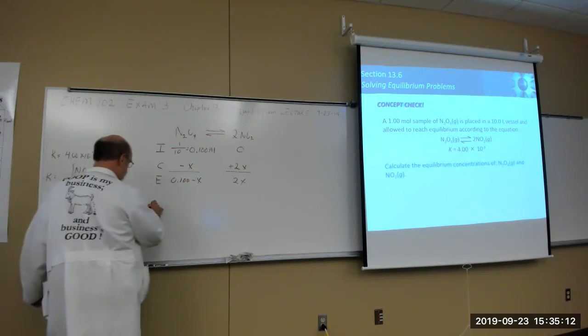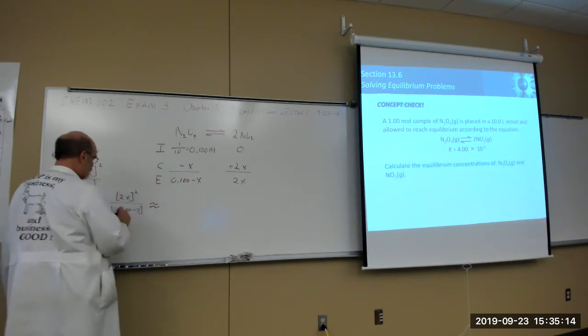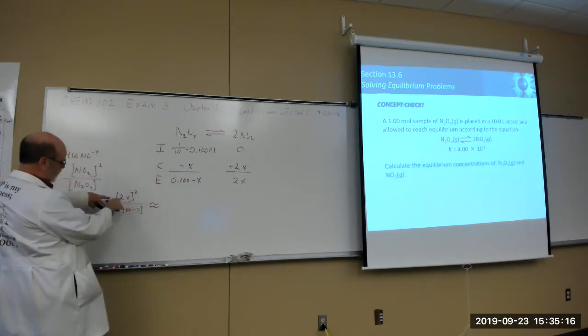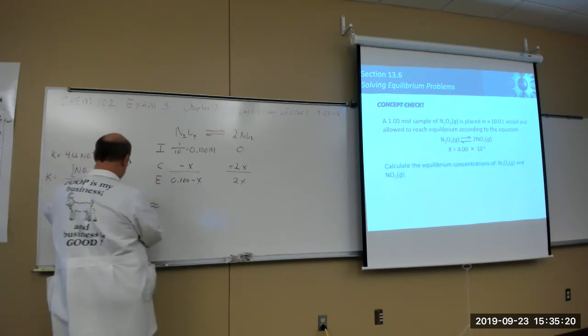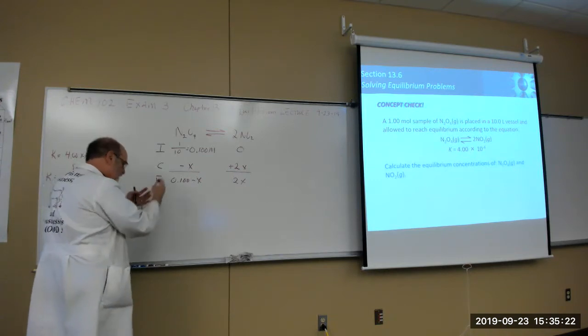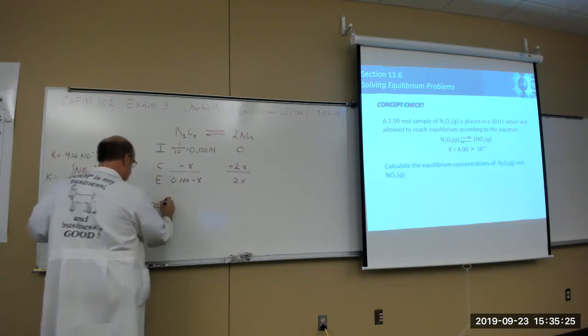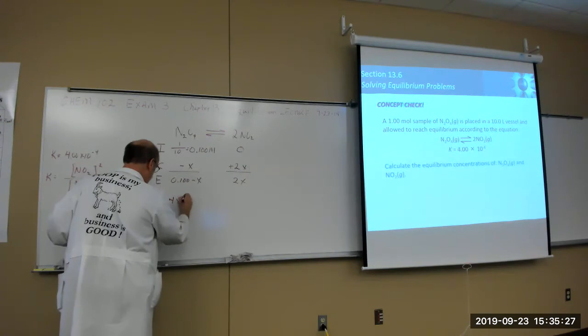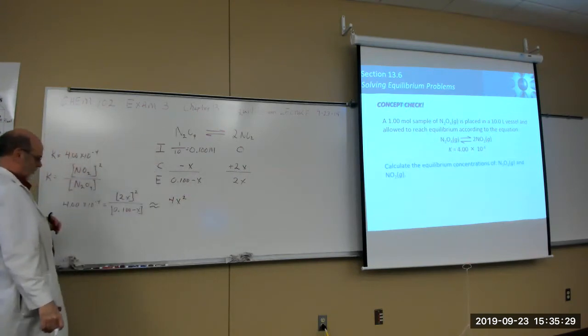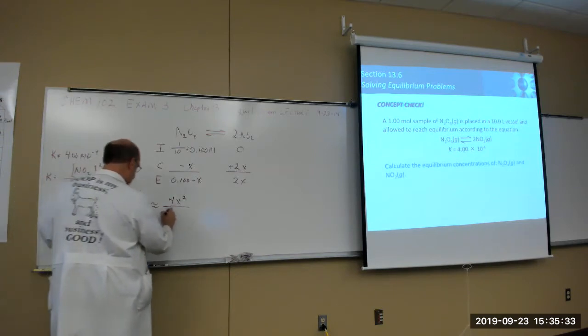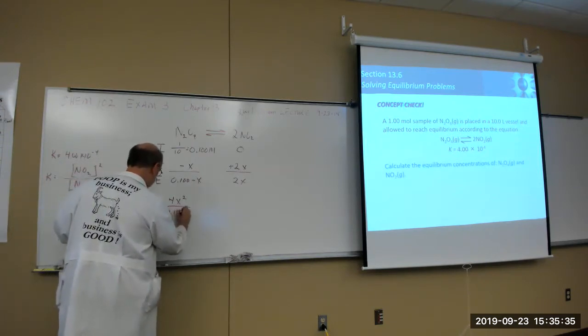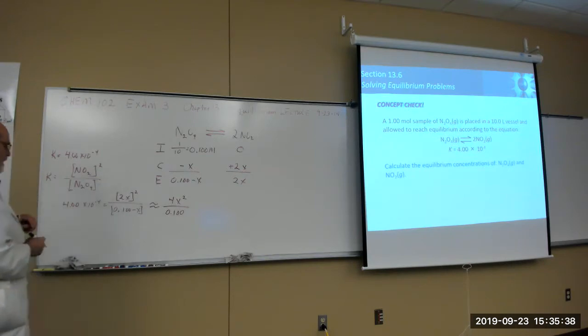So we can approximate this one. I'm going to multiply this out. 2X quantity squared is the same as 4X squared. And we're going to say that this X is too small to be considered, so we're left with this one in the denominator.